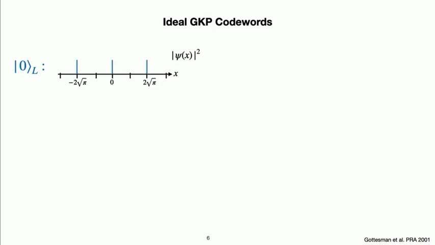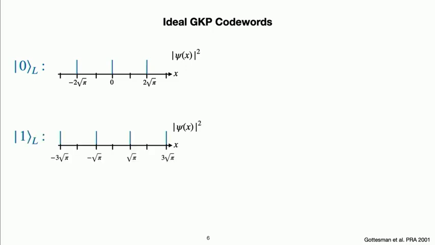The encoding essentially is the following. The zero logical state is a superposition of states located at even multiples of root pi in the position axis for the oscillator. The one logical state is a superposition of states located at the odd multiples of root pi. That defines your 0-1 basis.